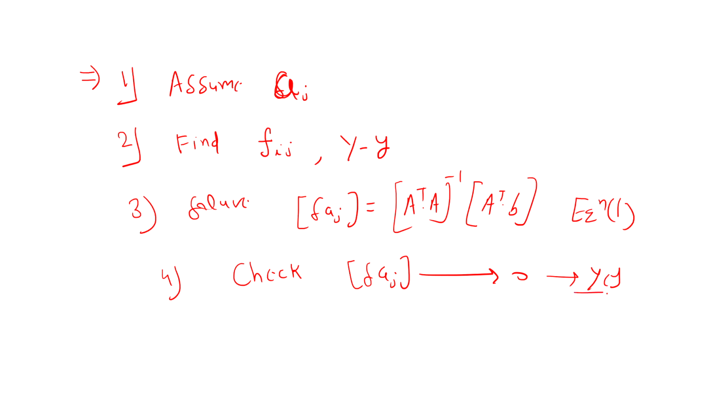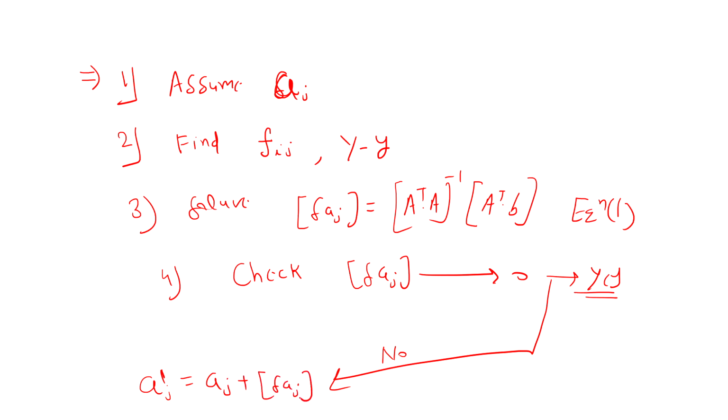Yes or no. If it is no, then we will find Aj1 as Aj plus delta Aj, and then we will go to step 2.